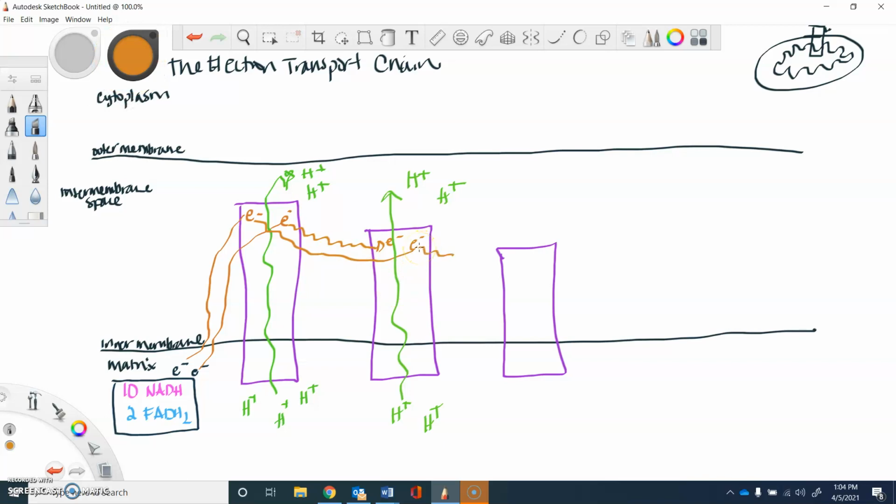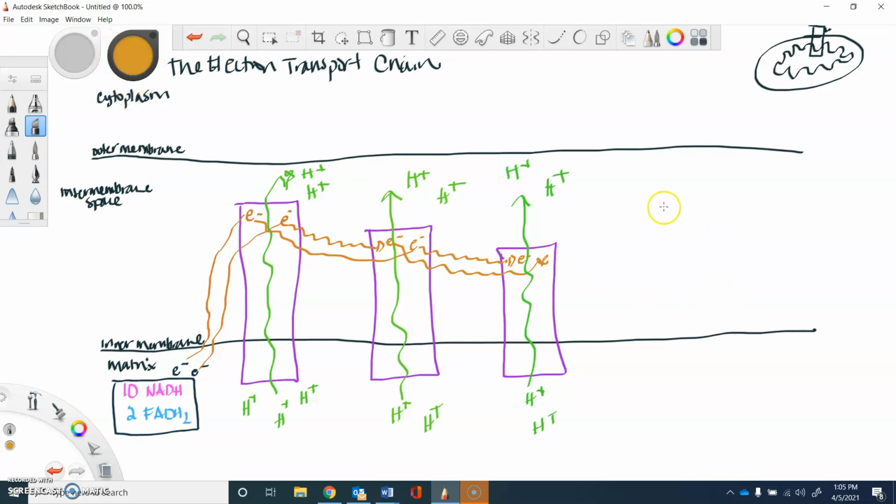And then those electrons, with what's left of their energy, jump down to the last protein, and that protein does the same thing. It pumps hydrogens into the intermembrane space. So the intermembrane space is now filling up with hydrogens that are taken from the matrix. So now there's more hydrogens in the intermembrane space than in the matrix.